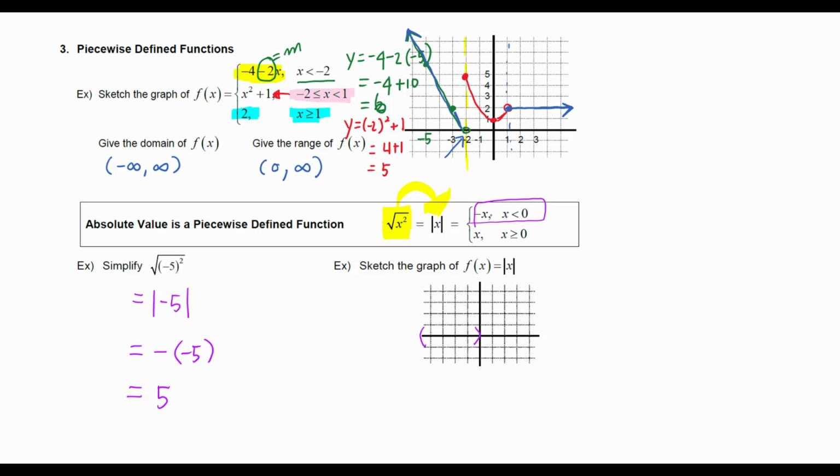It is a line with slope negative 1 and y-intercept 0, 0, although 0, 0 is not included. So graph with a slope negative 1. So you can graph that. At 0, it is 0. So 0, 0 is covered. And for all x greater than 0, it is a line with slope positive 1. So you will have rise 1, run 1. And your graph looks like this. So you will have a V shape.